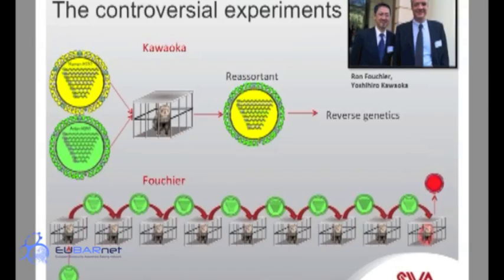He infected a ferret with the two different viruses, and then he got a reassortant of these two viruses where all genes in the background were human adapted genes, while the hemagglutinin came from the H5N1. So this was a reassortant virus, and from here he went into reverse genetics work that I will describe on the next slide. This will soon be published, I think, in Nature, because there has been clearance and it can be published.